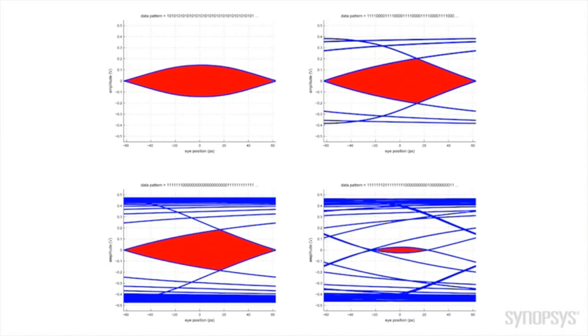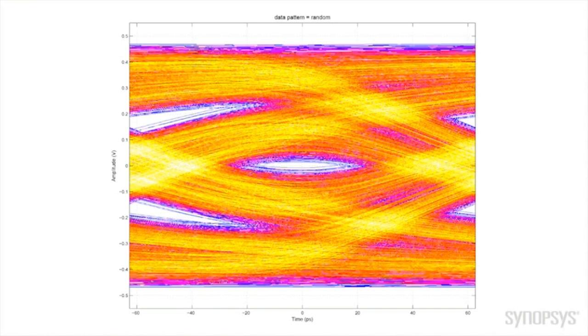And what that means is that instead of these well-defined trajectories, we get all the different types of trajectories in the middle of these, and that is how we get these fuzzy eyes. The fuzziness is fundamentally due to the random data patterns containing random frequency content, and this frequency content experiences a frequency-dependent loss, and that's how we get this fuzziness.